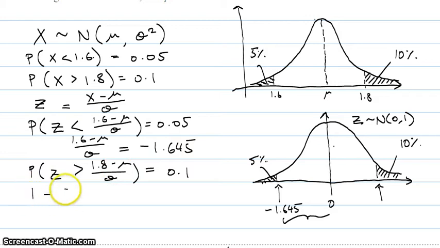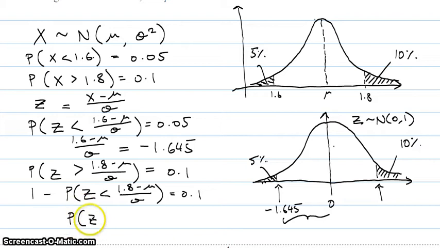So this is 1 minus the probability z less than (1.8 minus mu) over sigma is equal to 0.1. Again, we need to do this because our inverse normal works on a cumulative distribution function, so we can only work with less than. And so we're looking for the probability that z is less than (1.8 minus mu) over sigma is equal to 0.9.